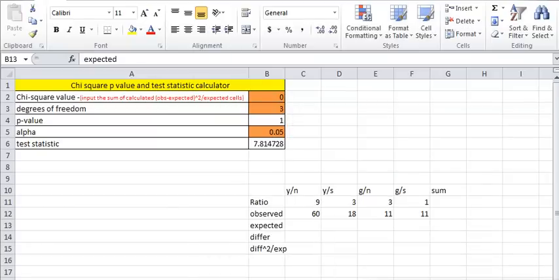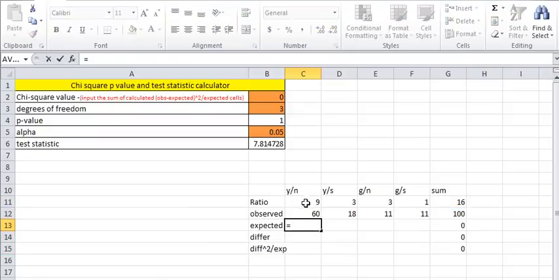I already, to save time, put the numbers in here. Again, for the sum of the ratios, I can just click on the sum, and it did it for me. Now I'm going to drag this column down. This is the data that they gave me, the observed data. And now to get the expected, I have to be a little bit snazzy here.